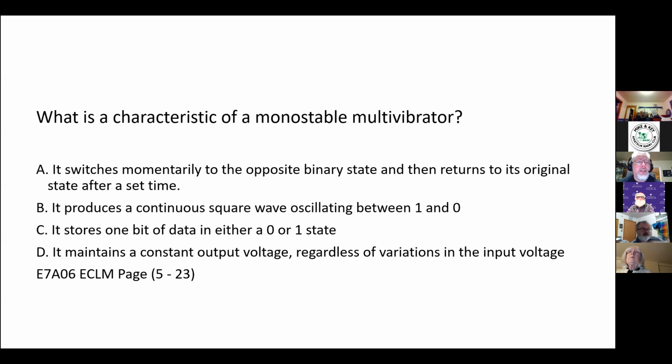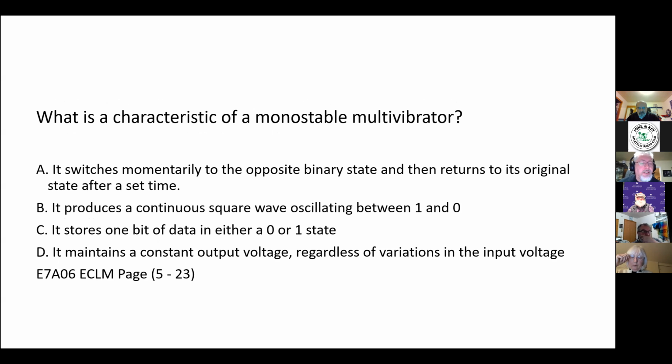What is a characteristic of a monostable multivibrator? A, it switches momentarily to the opposite binary state and then returns to its original state after a set time. B, it produces a continuous square wave oscillating between 0 and 1.